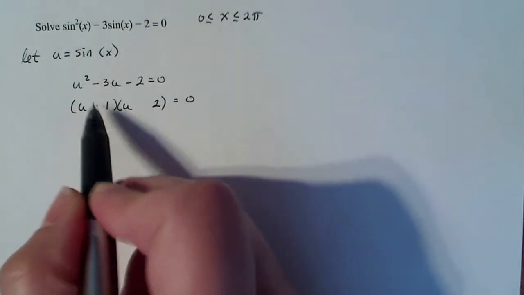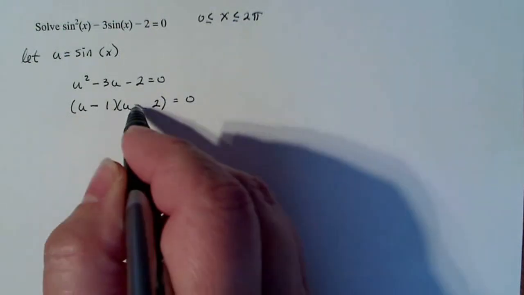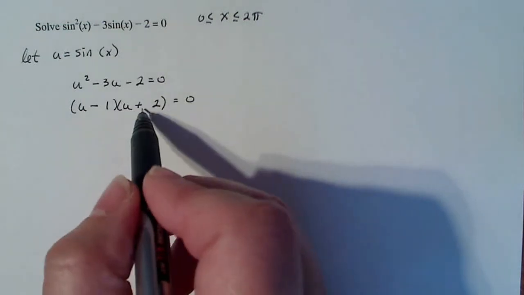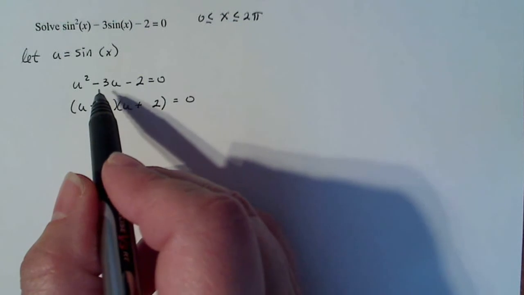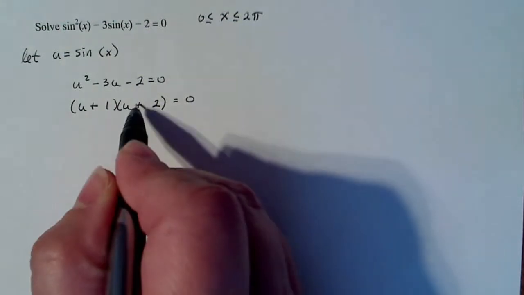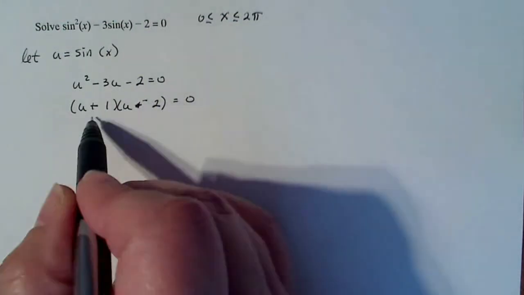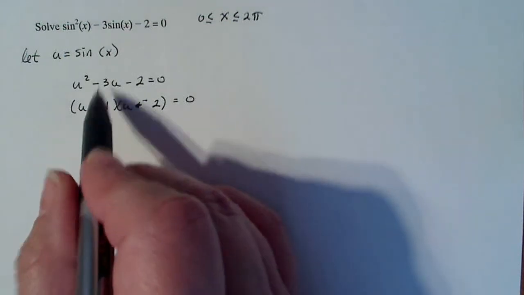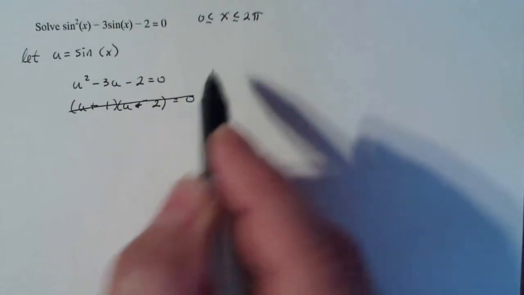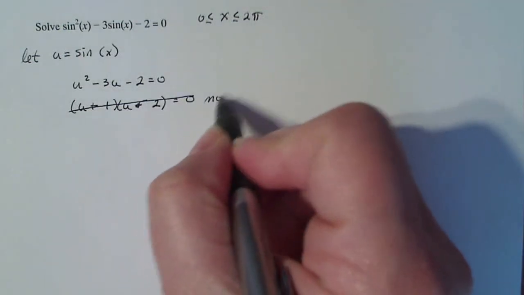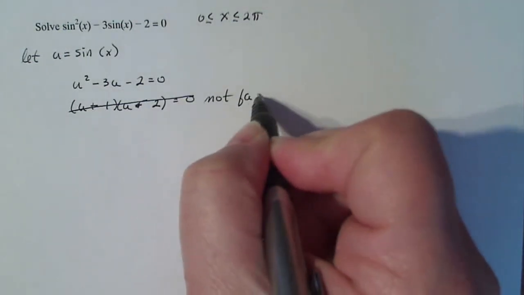If I do a minus plus, I end up with a positive 2 minus 1 for the middle term, which doesn't equal negative 3. If I make this plus minus, I end up with minus 2 plus 1, which still isn't minus 3. So this is not factorable. So we have to use the quadratic formula to solve it.